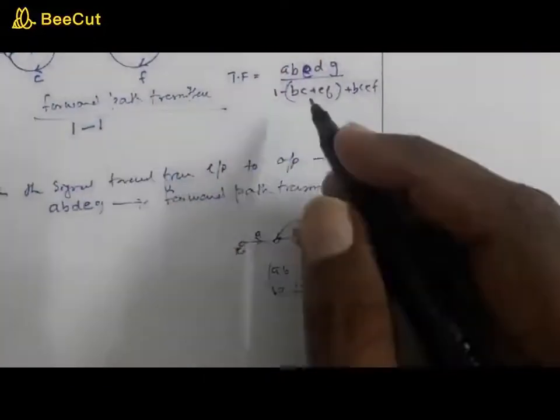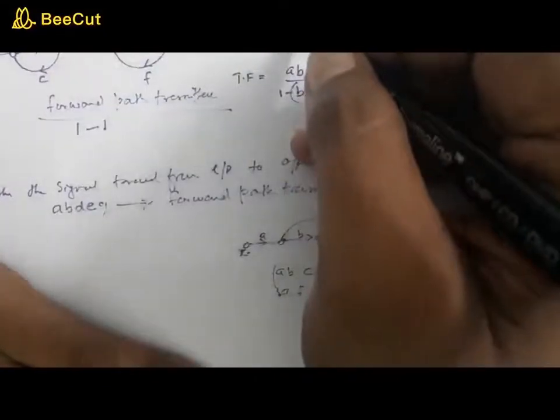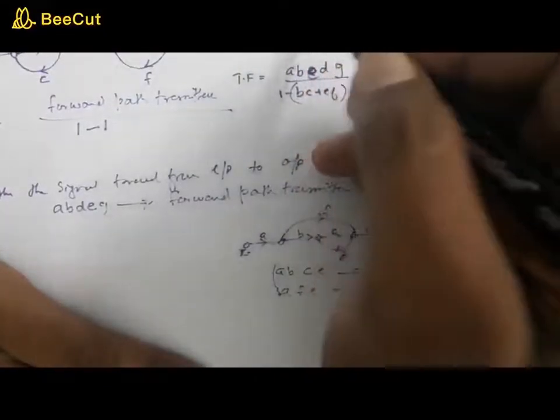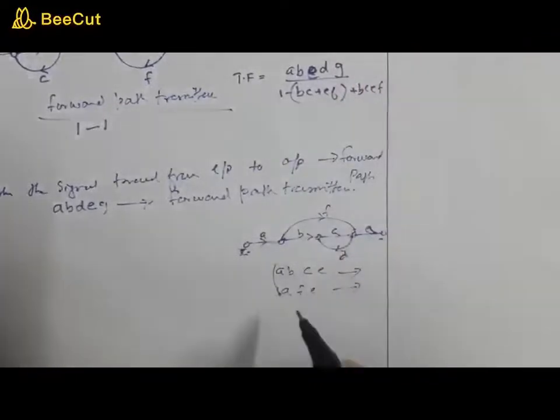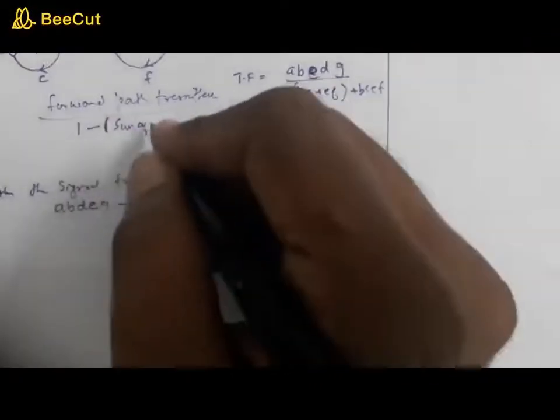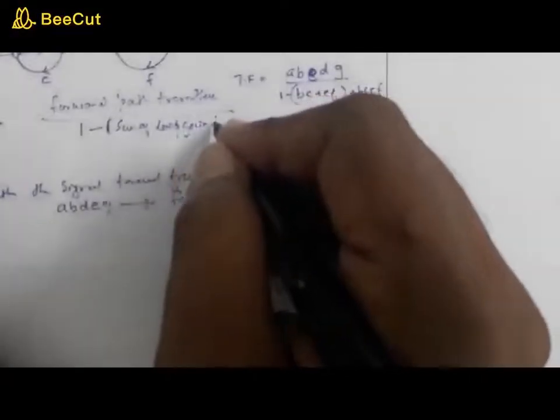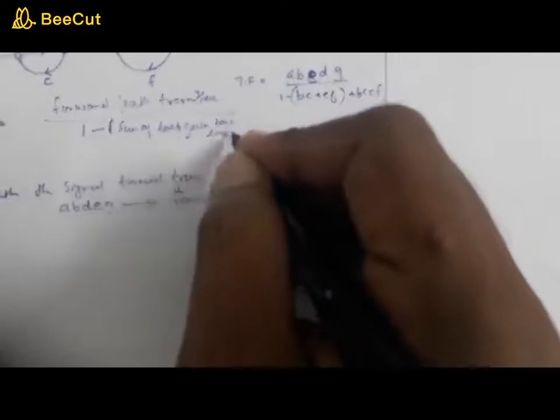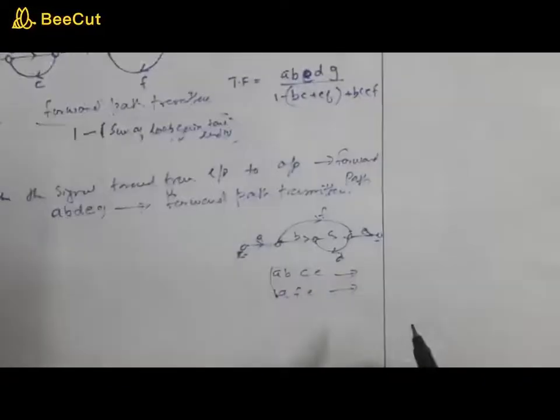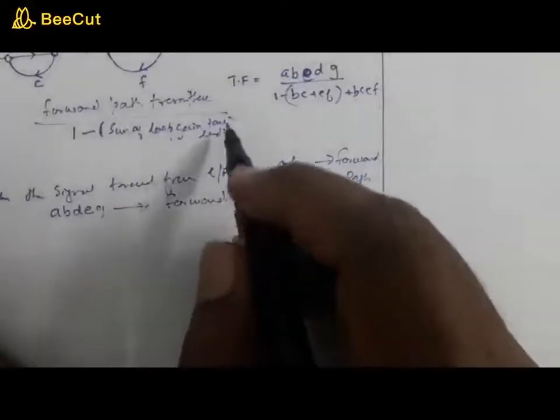In this case the loop transmittances are BC and EF, or you call it the loop gain. So you can call this 1 minus the sum of loop gains taken individually. I'll explain why I specifically say individually.